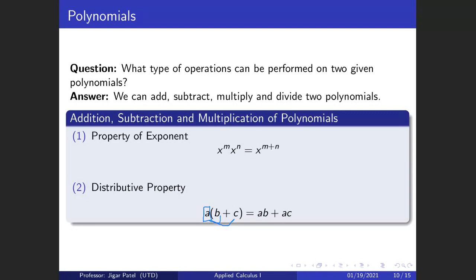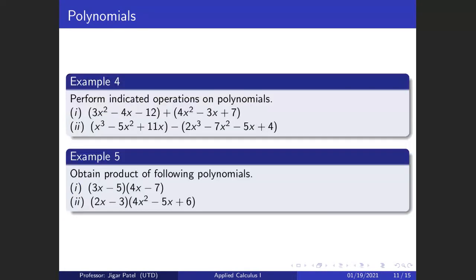So a is being distributed over both terms. Again, to understand addition, subtraction, and multiplication, you really need to know these two rules. And once you have these two rules with you, we should be able to perform addition, subtraction, and multiplication of two polynomials.